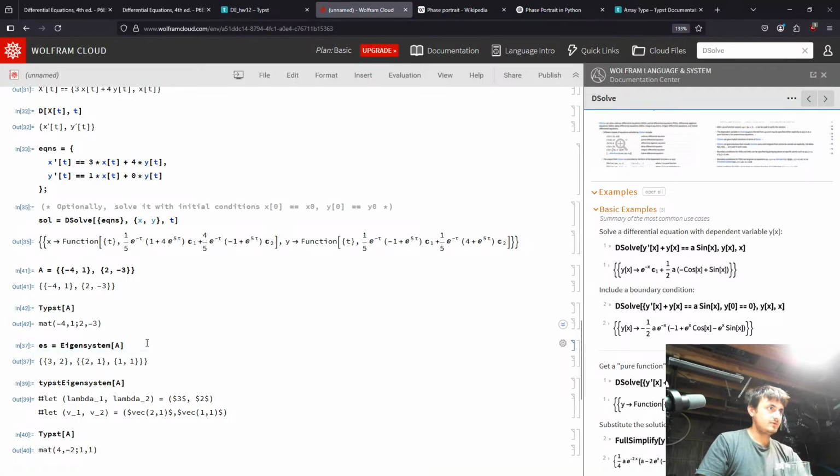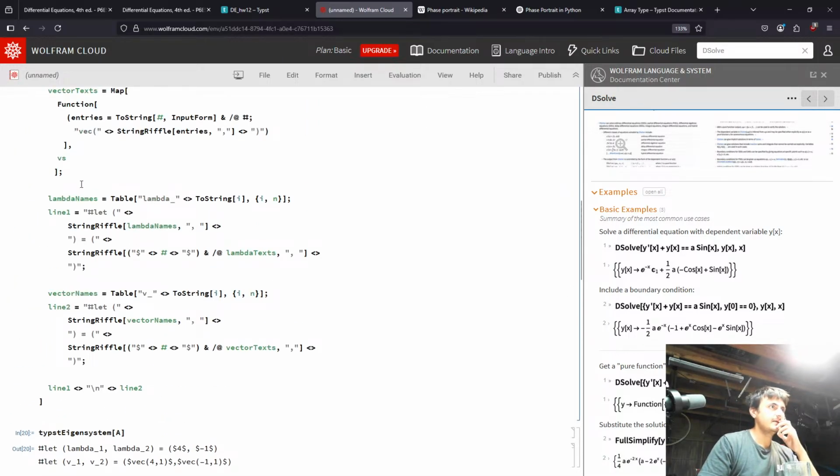We just need to rerun this, and then rerun this, and then we copy this. And actually, you know what we can do? We can change lambda names.